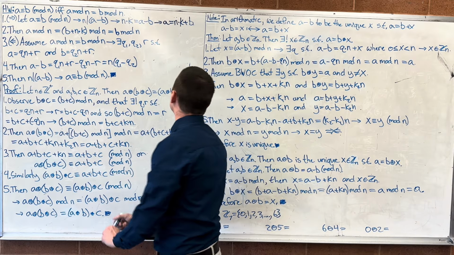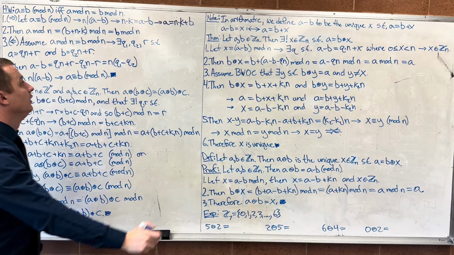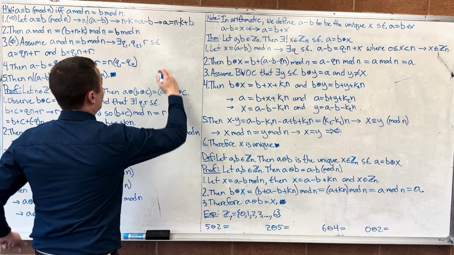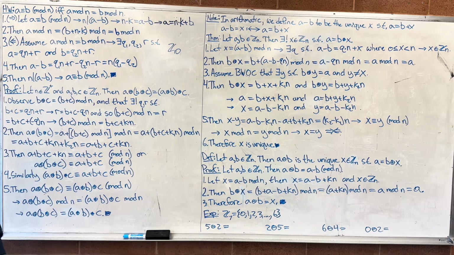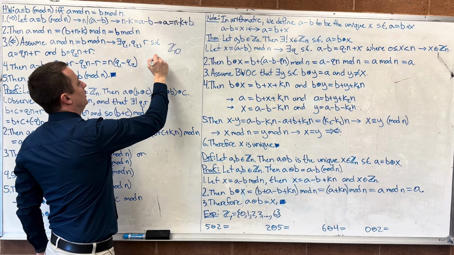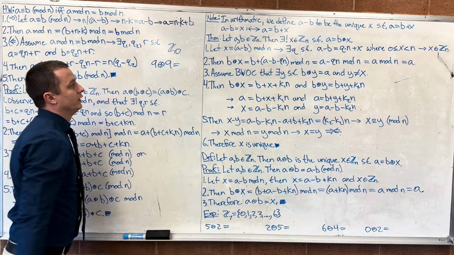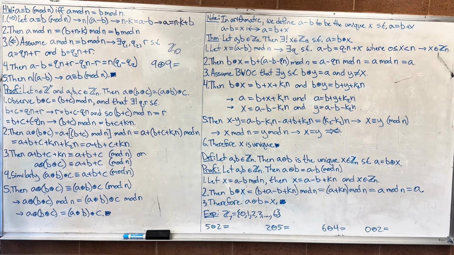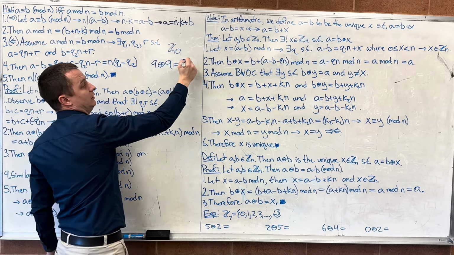Let me give you a concrete case of this just to be very clear. Let's go back and say that we're in Z sub 10 just to keep it simple for us. And let's look at 9 plus 9. What is that equal to? It's equal to 18 mod 10, which is also equal to just 8.